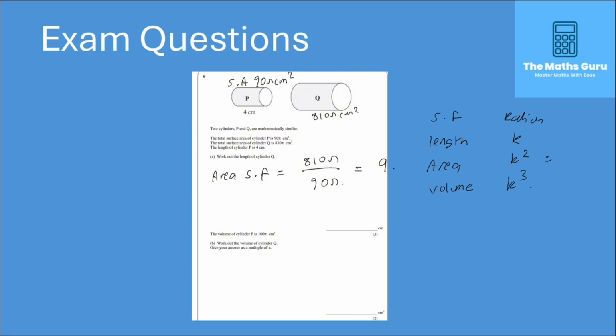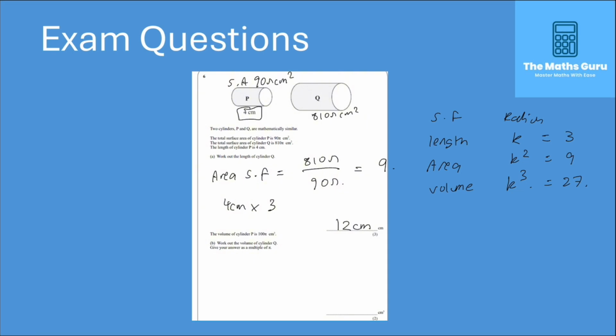So if we have our 9 here, this means our k is going to be the square root of 9, which is 3, and this is going to be 27. So to work out our length, we have our smaller length of 4 centimeters here. So we need to do 4 centimeters times our length scale factor, which is 3, and so our length of cylinder Q is 12 centimeters.